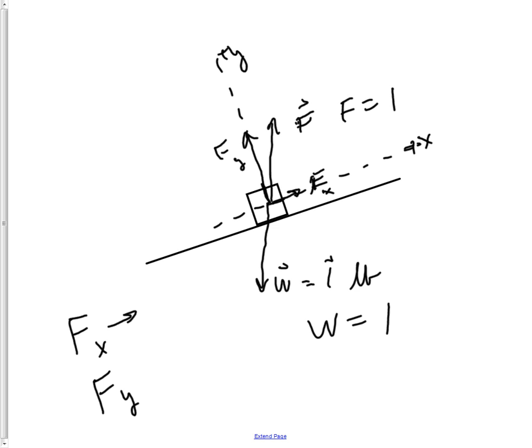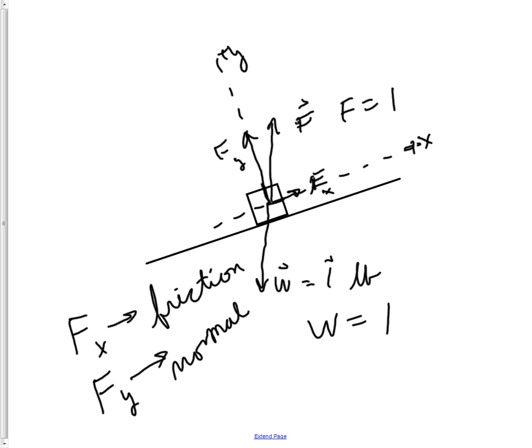F sub x is called the friction force. Whoops, I realize you guys are often not taught cursive writing, so some of you might not be able to read this. And F sub y is called the normal force.